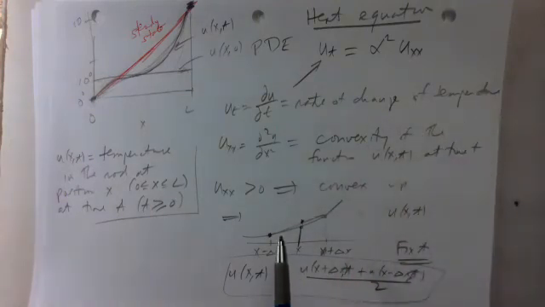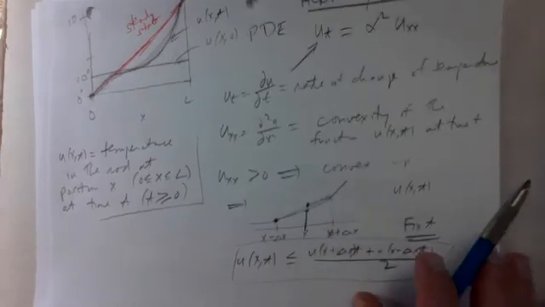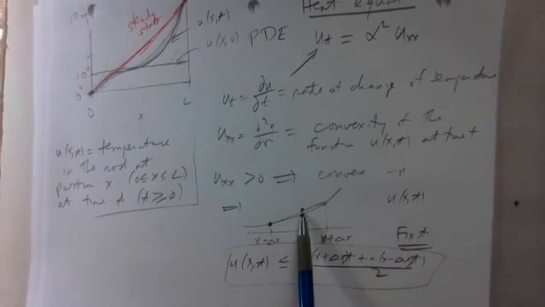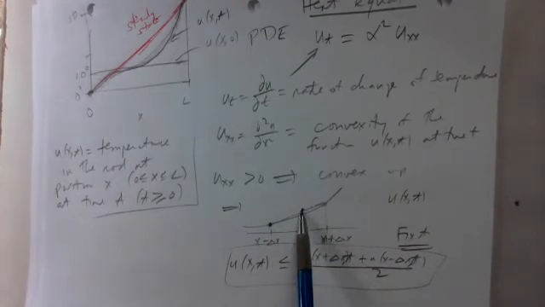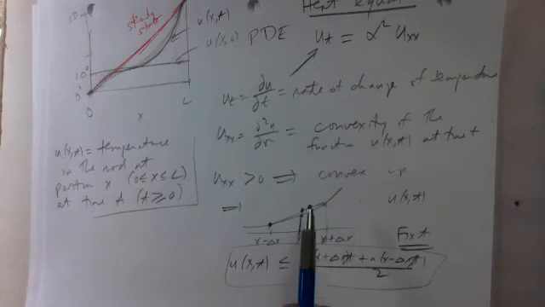So this is what you should expect: if you have a rod and the temperature at some point x is less than the average of the temperature at 2 nearby points, what would you expect will happen?